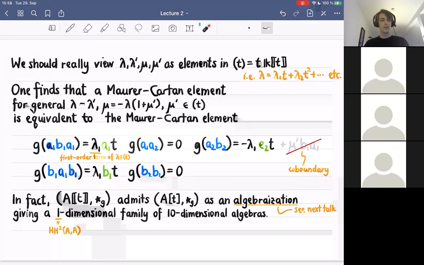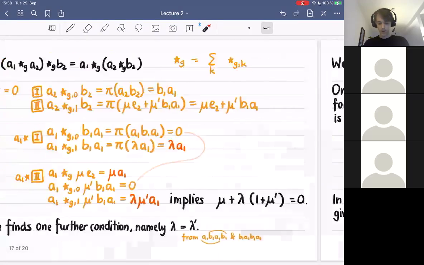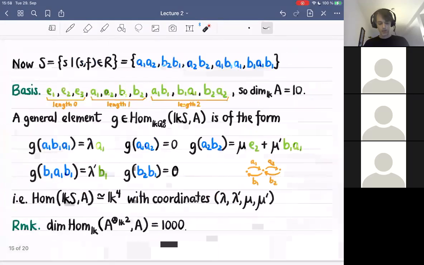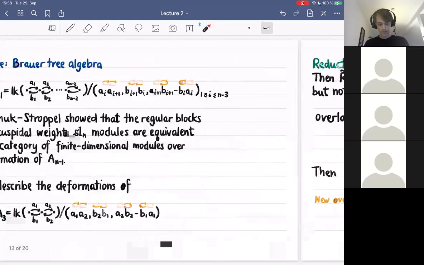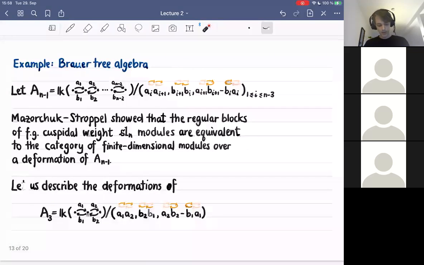And we get a one-dimensional family of 10-dimensional algebras, and these are the deformations of this Brauer tree algebra. The computation I've done here is for A3, but if you replace 1 and 2 by i and i plus 1, it is exactly the same computation. In this way you get the deformations of A_{n-1}.